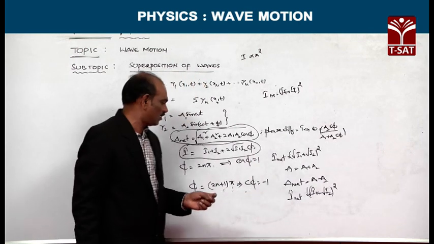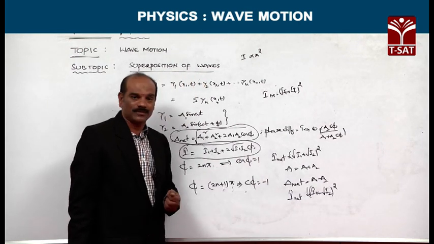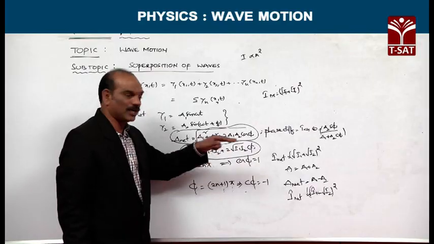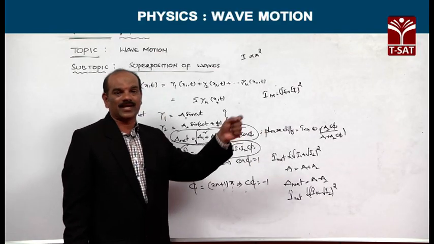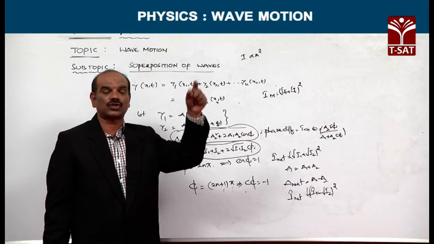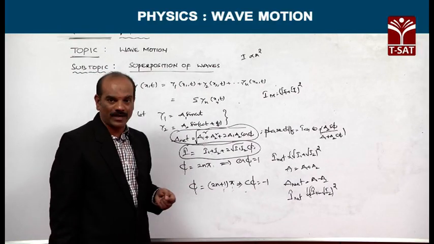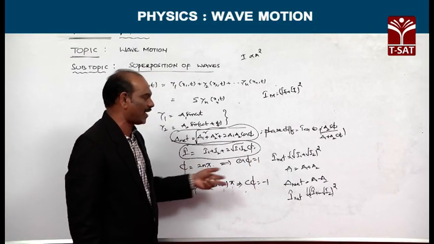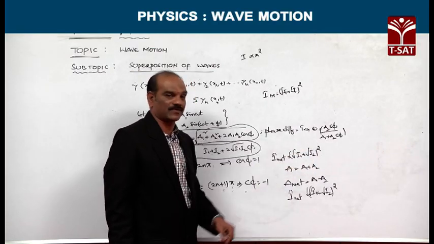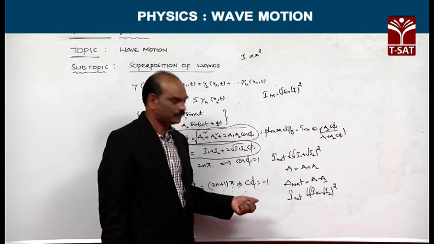That is possible when cos phi is equivalent to 1, when phi is 0, 2 pi, 4 pi, 6 pi, 8 pi, and so on. So if it is 2n pi, the cos phi value becomes 1, and the I net value becomes maximum as (root I1 plus root I2) whole square. That is what you call maximum intensity.